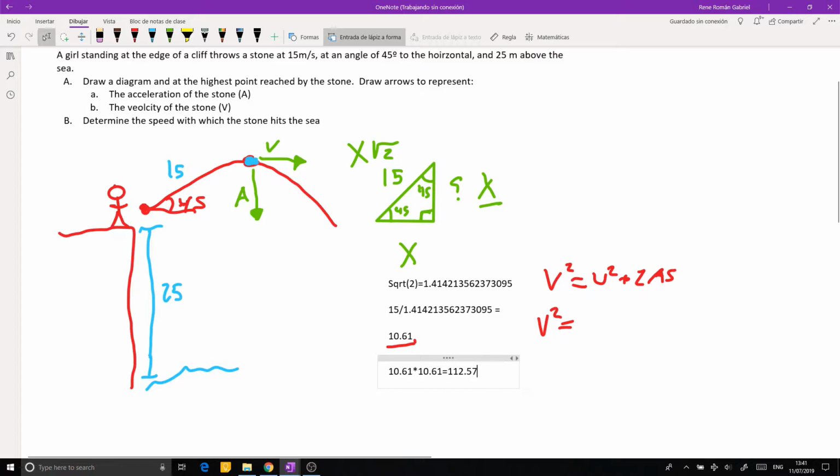Let's just round that up. So then v squared equals 112.57 plus, well, it would be 10 times 25, which is 250, times 2, which is 500.